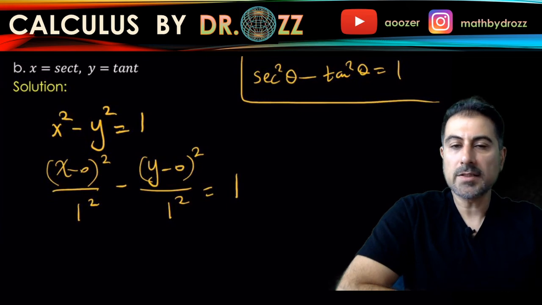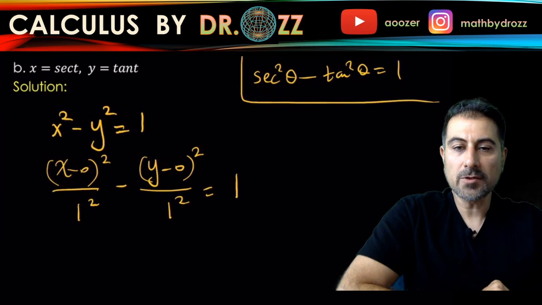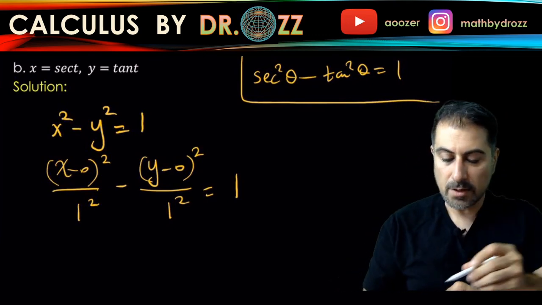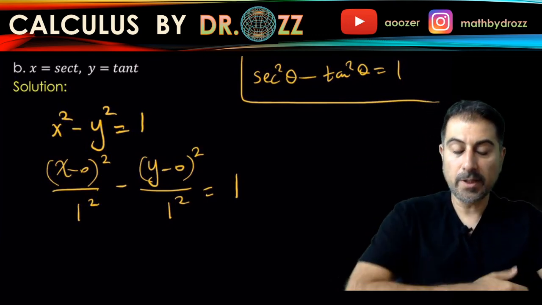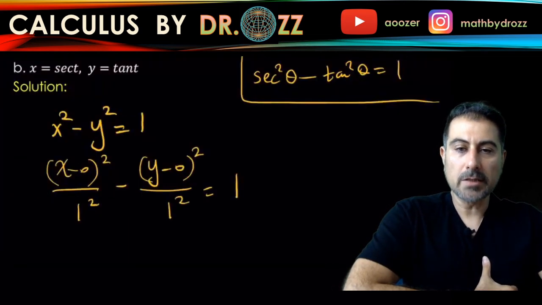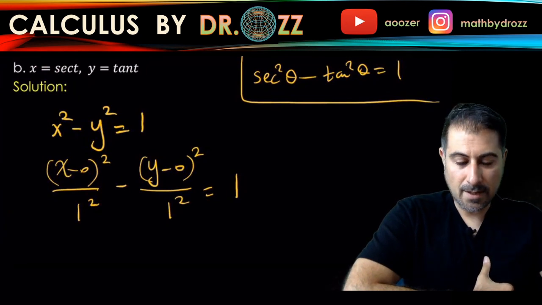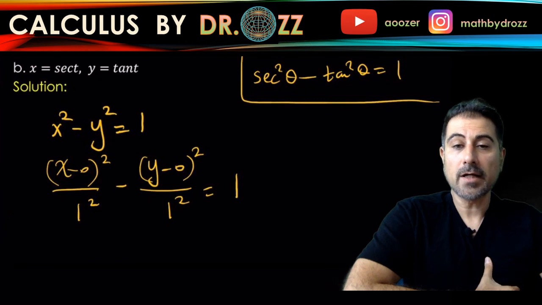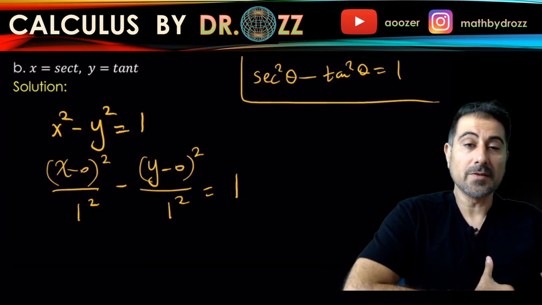You can go ahead and find c, and you can find the equations of the asymptotes, but the question is not asking for that. In the statement of the question, we're fine to write down the rectangular equation. Here we go, we wrote it. But again, it's your call to dive in further and check the other properties of the hyperbola.